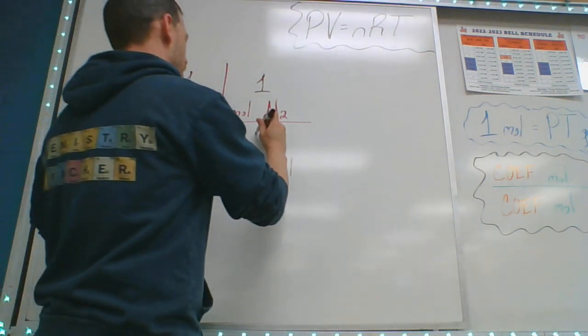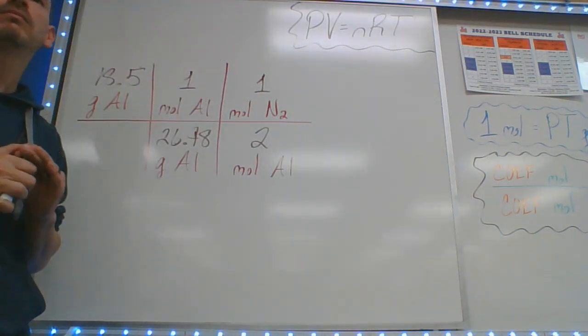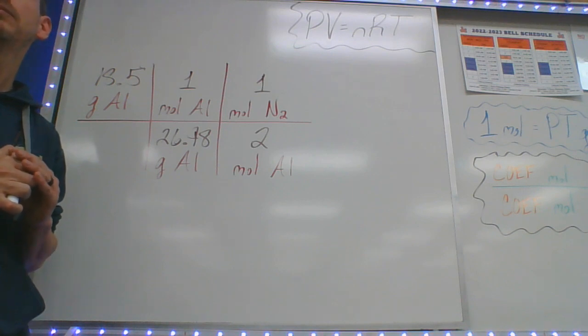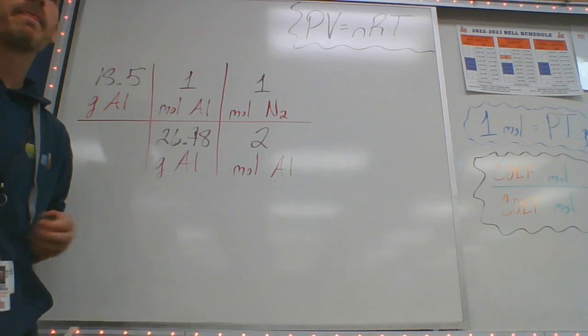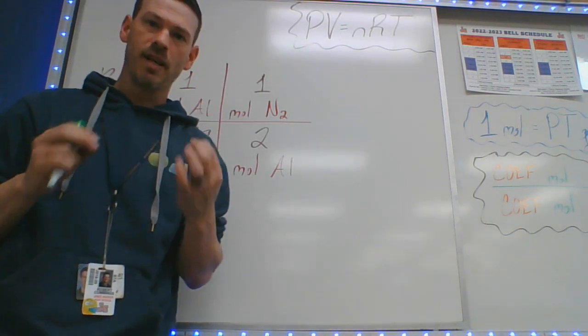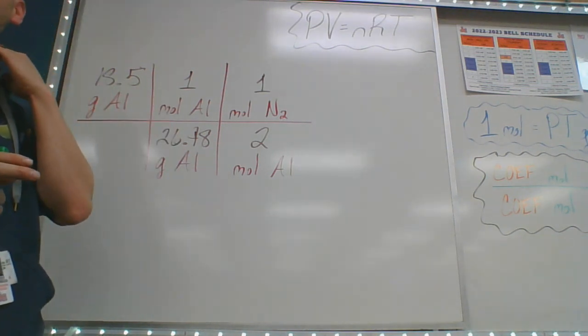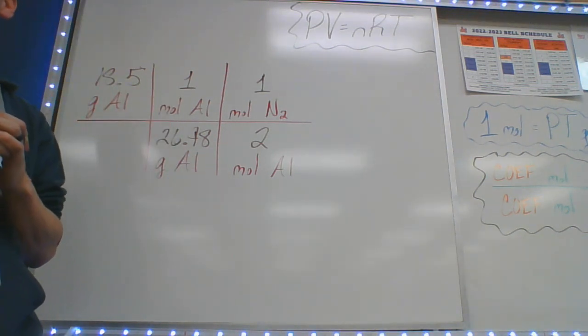And aluminum drops a deuce. Multiply across the top, get a number. Multiply across the bottom, get a number. Divide the top, divide the bottom, watch your sig figs.